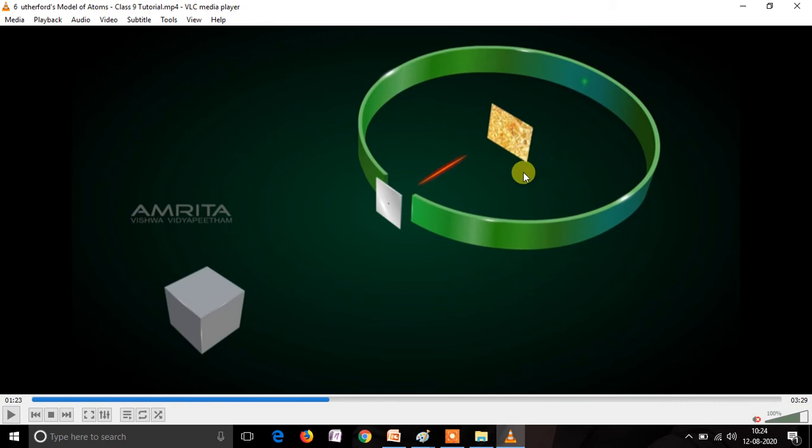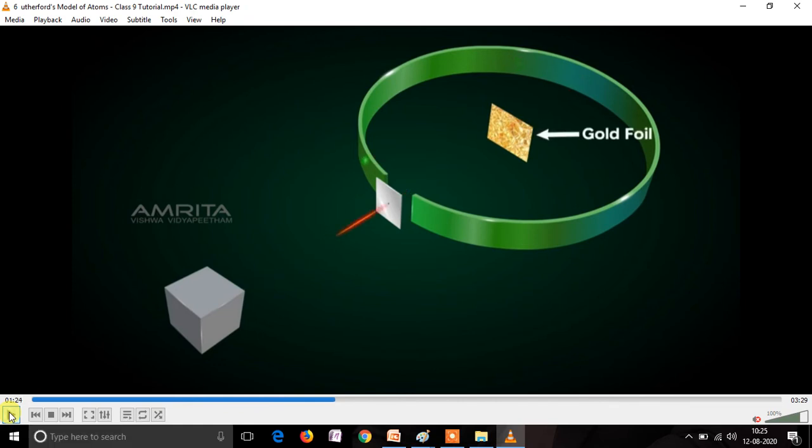This encircled substance is a gold foil, which is placed inside a zinc sulfide screen. This green colored zinc sulfide screen is placed around the gold foil on which the alpha particles are striking.